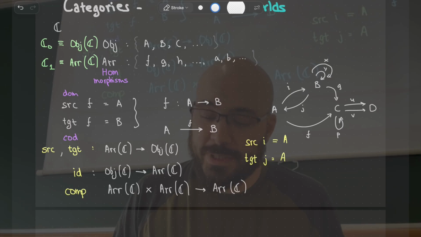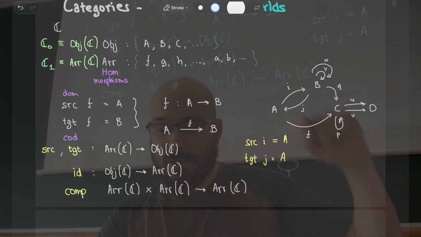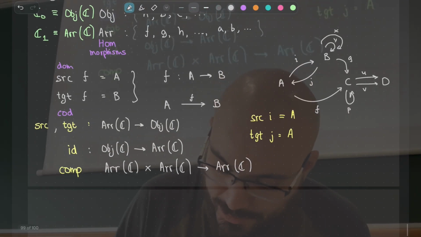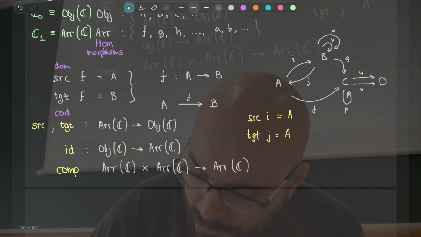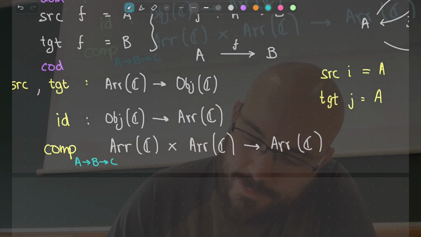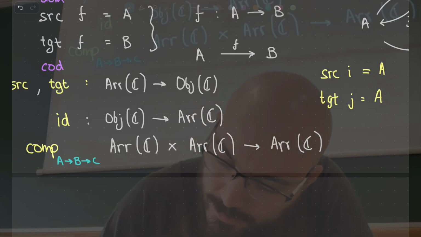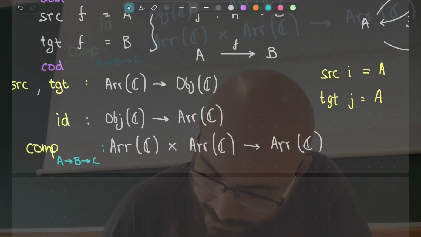I want to make it more specific. I don't want to say that I have a single composition, and soon I will do this for the identity as well. I want to parameterize composition and say that every time you have two consecutive arrows, meaning a diagram like this, you have an operation parameterized by all these things, and now I can write a much better type here.